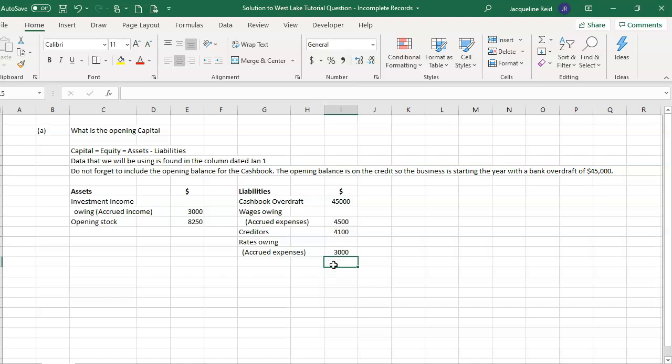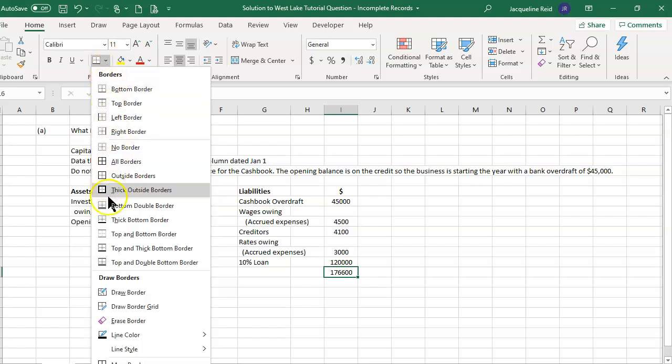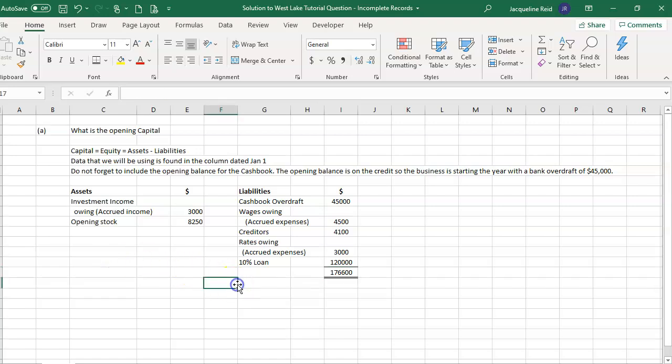And there's a loan, and at the start of the year, it was valued at $120,000. And the 10% in the description tells you what the annual interest is on that loan. So when I add everything, that figure comes to $176,600. So now we have our figure for our total liabilities.